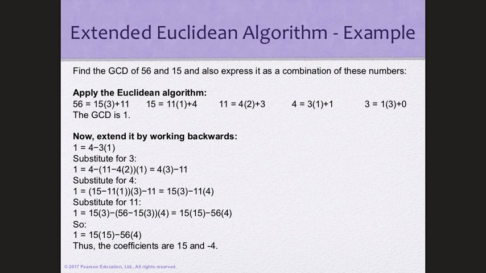In the second step where you substitute for 3, why are you multiplying it by 1 again? Like from here? What do you mean by like 1? Here? For 3, it's just 11 minus 4 times 2. Yes. So why is it like? Because it's here 3 times 1. So we remove this 3 and we replace it by 11 minus 4 times 2.